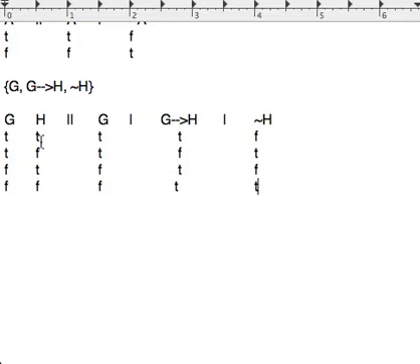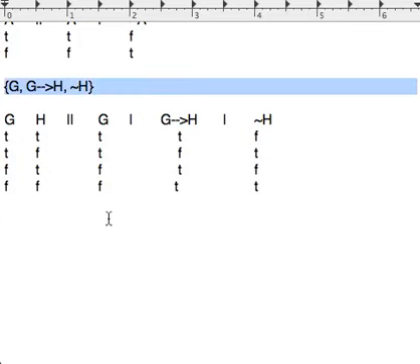Why? Well, there is no truth value assignment such that each of the sentences are true, right? In other words, on every truth value assignment, at least one of those sentences turns out to be false. So let me just write that out for you, actually.